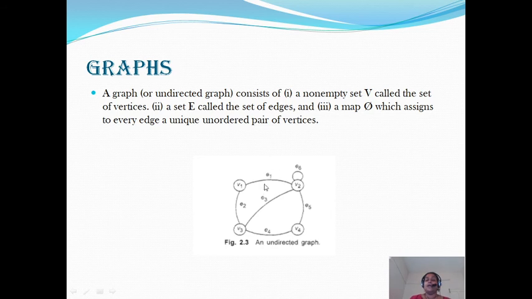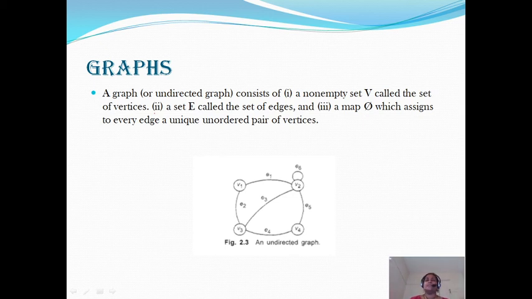Why undirected? Because no direction is given, so it is called an undirected graph. So what do you mean by graph? I can simply say a graph is a structure or a diagrammatic representation which consists of vertices and edges, or nodes and lines.